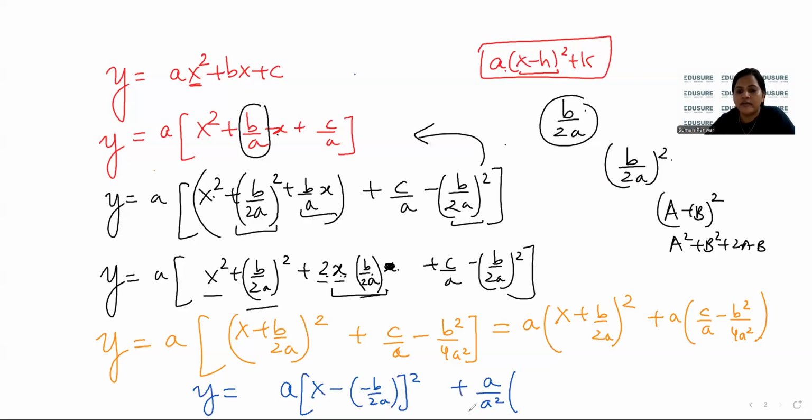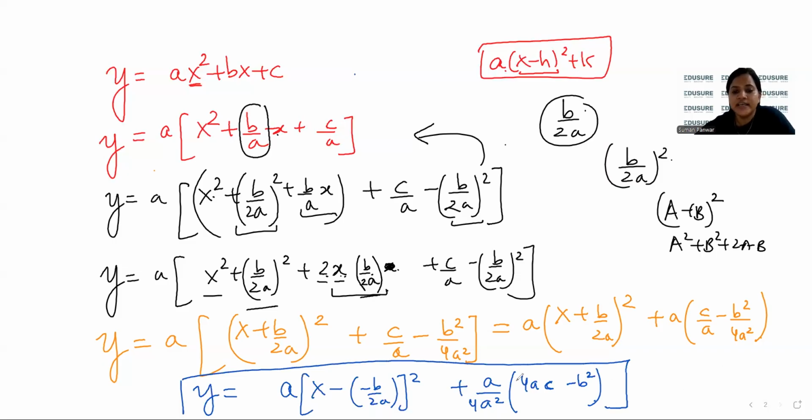So we take 4a as LCM, so we'll have 4ac here and here we'll have b square. So this is the vertex form of a parabola.